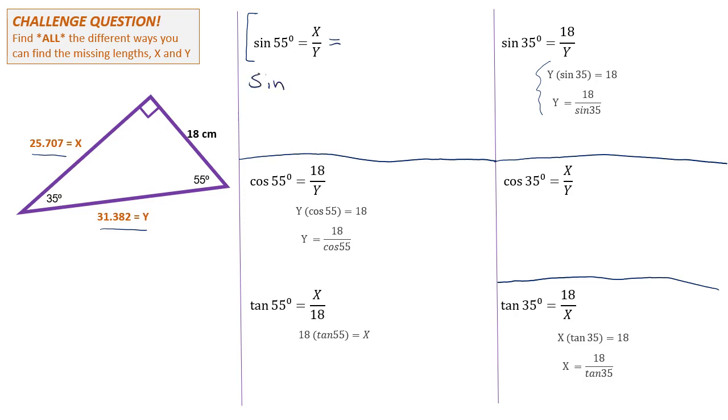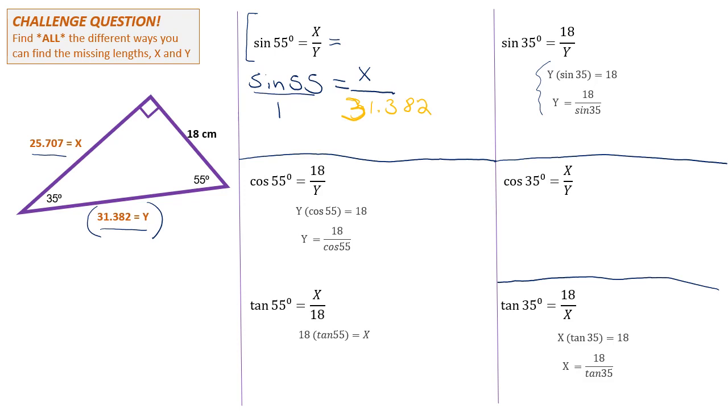So we could have said earlier that the sine of 55 over 1 equals x, and remember we're pretending that we don't know what x is yet, and let's just plug in that y of 31.382.